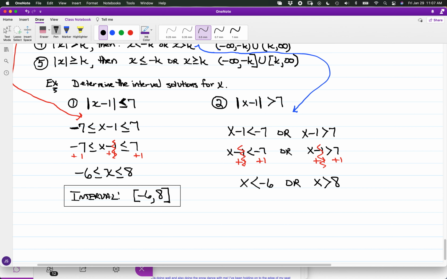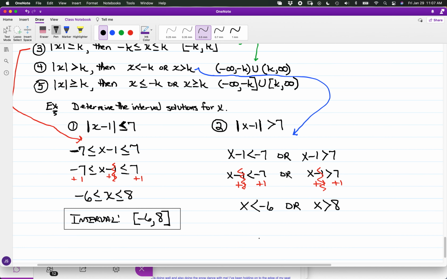And once again, if I express it in interval solution terms, for x is less than negative 6, we're going to have going from negative infinity, approaching but not including negative 6, so I have parentheses here.